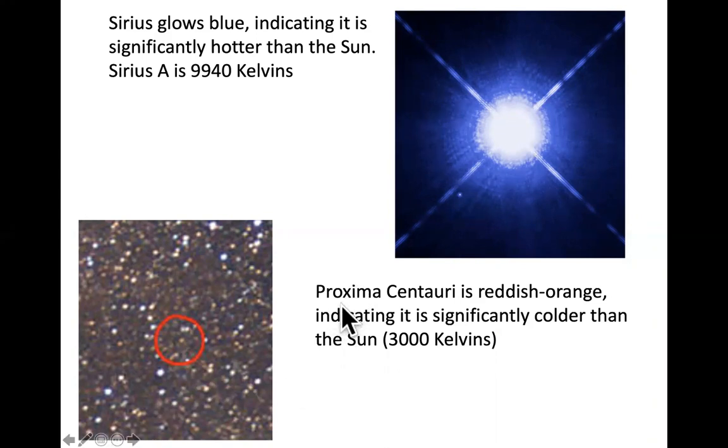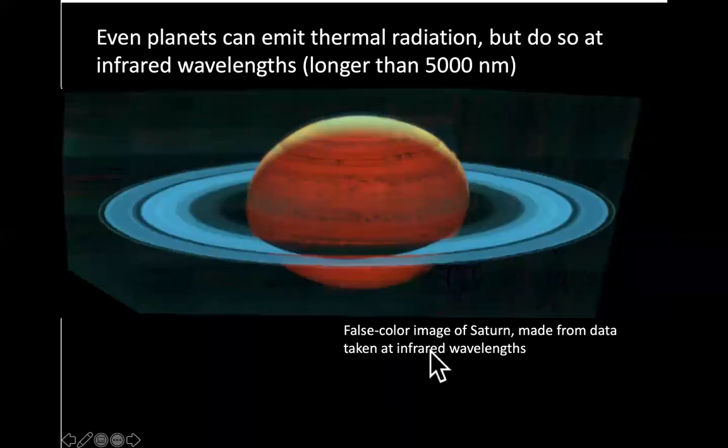And you can even go beyond this if you're willing to consider the infrared. If you go to even lower temperatures than this, the peak shifts further and further into infrared wavelengths. If we look at planets like the Earth or this picture of Saturn, we can see that they glow at infrared due to thermal radiation.